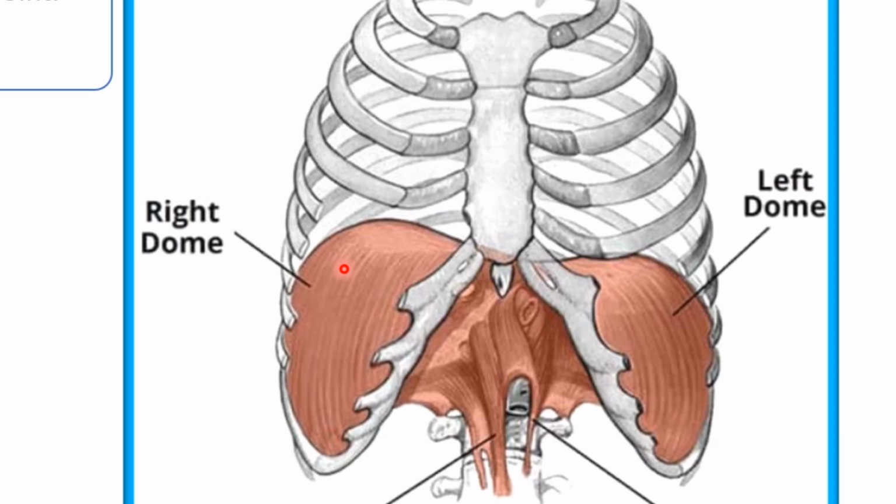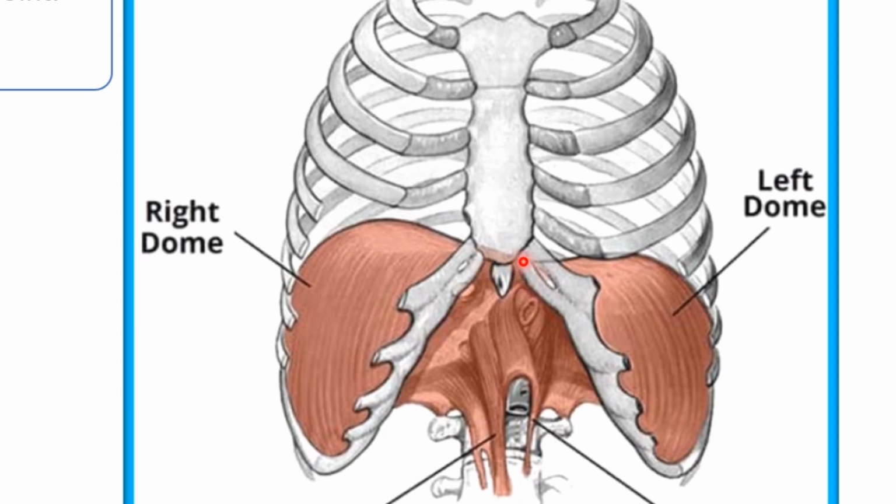Now, in between the right dome and the left dome, we see a lower part, which is the central tendon part. This part can be seen at the level of the xiphisternal joint.